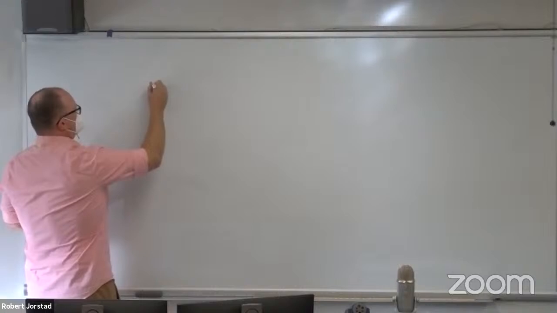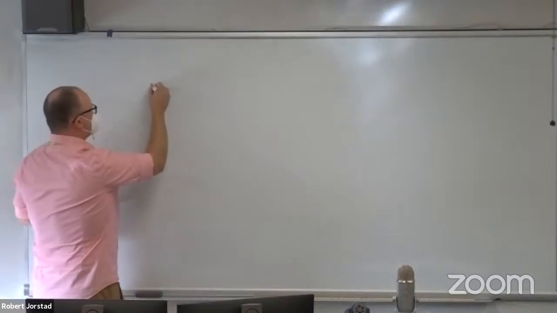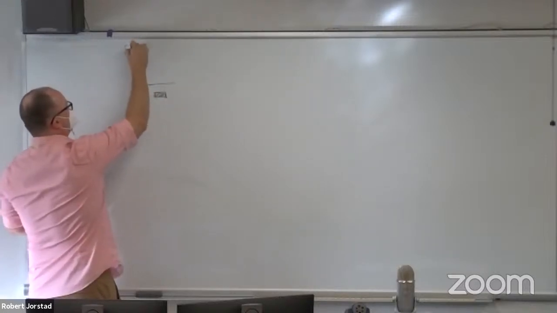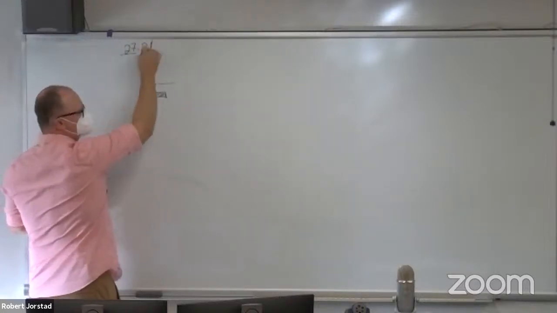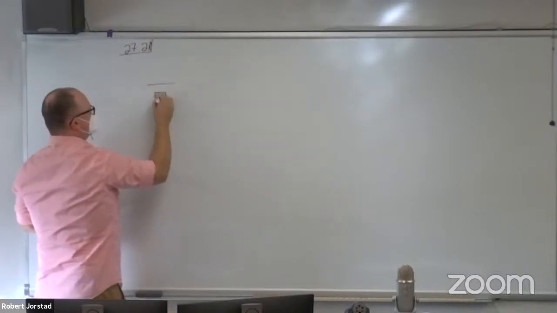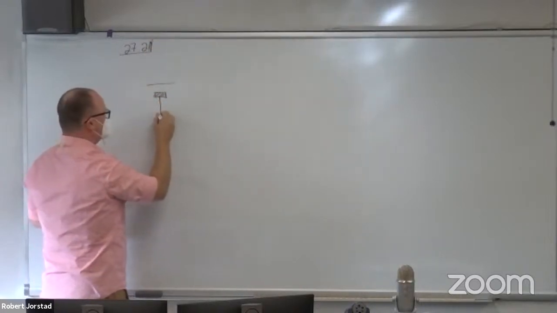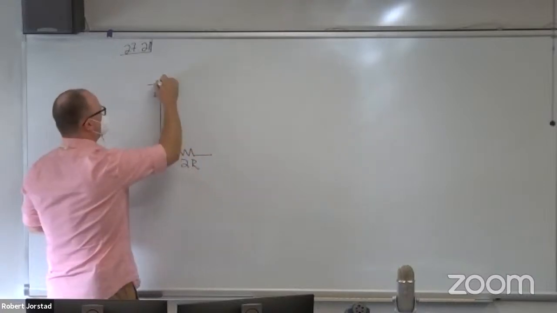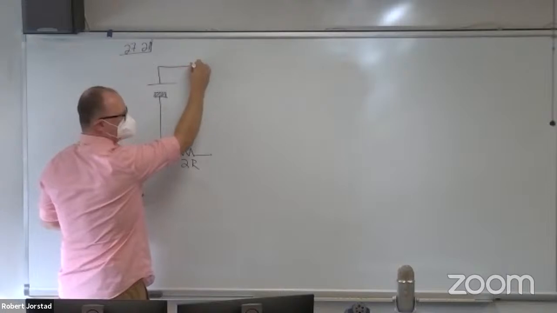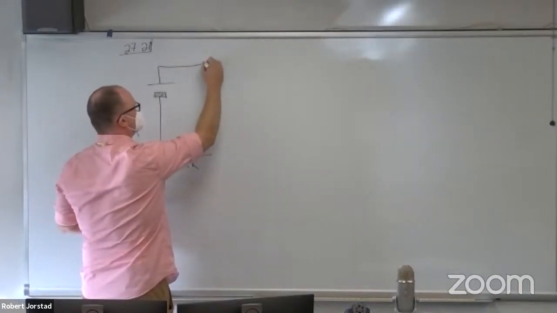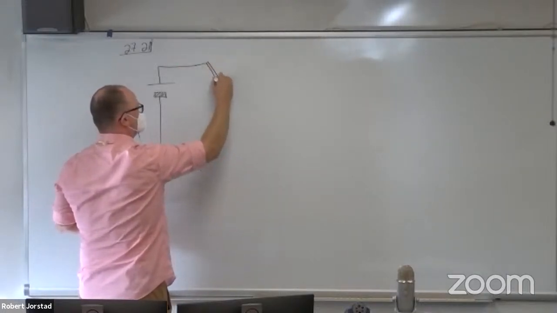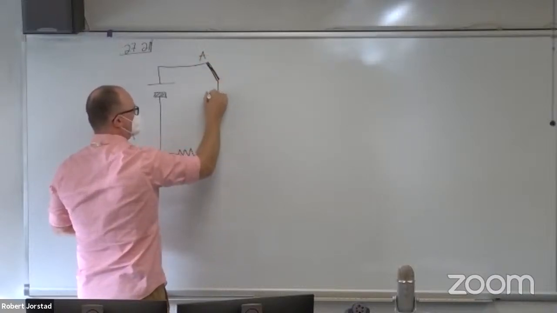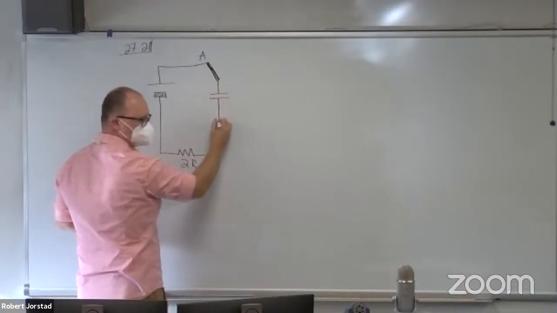All right, so we have a circuit here that looks like, got a battery here. What number did I say this was? 27.21? Yeah, thanks. There's a switch here. I think we're told this is position A. There's a capacitor here.